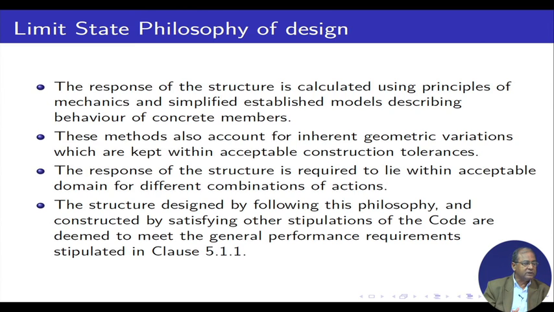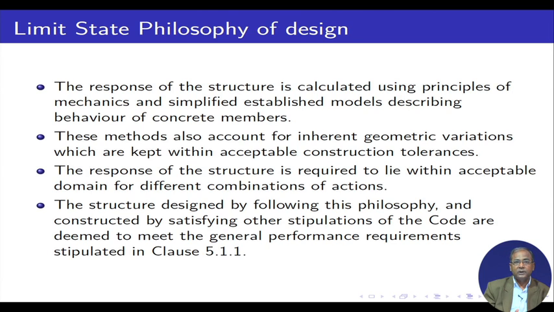The response of the structure is calculated using principles of mechanics and simplified established models describing behavior of concrete members. These methods also account for inherent geometric variations which are kept within acceptable construction tolerances. The response of the structure is required to lie within the acceptable domain for different combinations of actions.